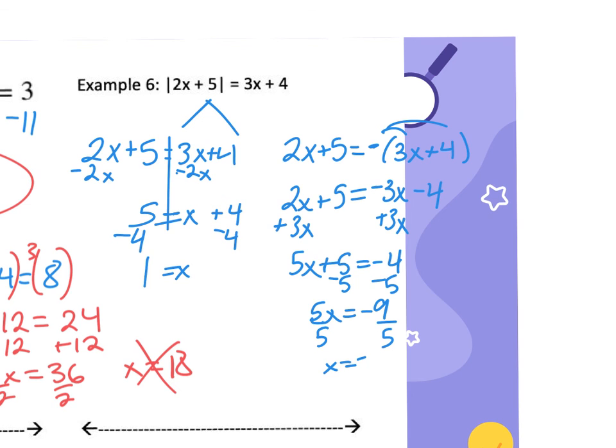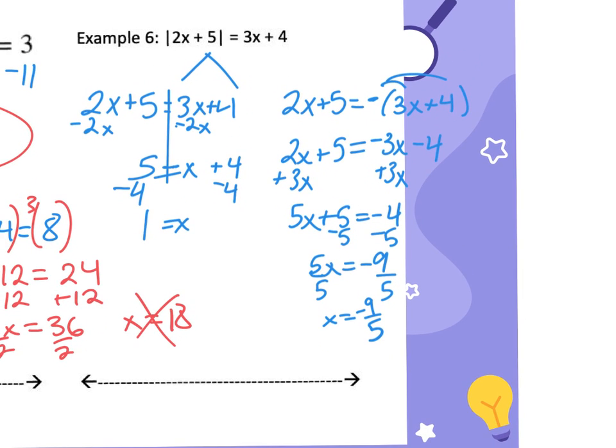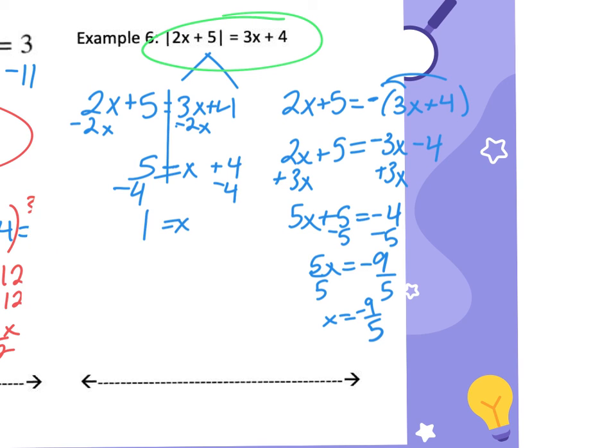And I'm just going to leave it as -9/5. Okay, time to go back up to plug it in. So we're going to try to plug it in up here and see if this works. So let me erase this 18, which is coming over from the other side. Okay. So we've just got 1 and negative 9/5.